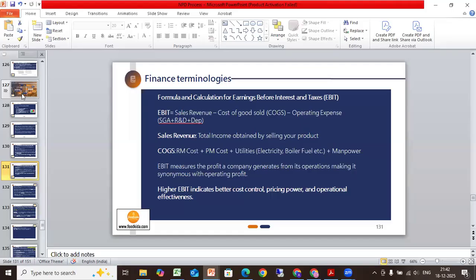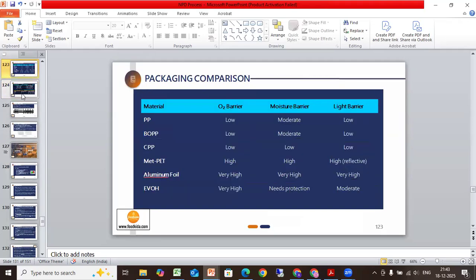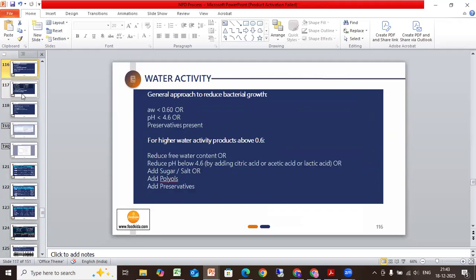The preservative percentage should be within the FSSAI regulations, and with your final formulation, you do a shelf life study and stability study, and basis the calculations which we did today, you declare the shelf life, the Q10 value. Simple.